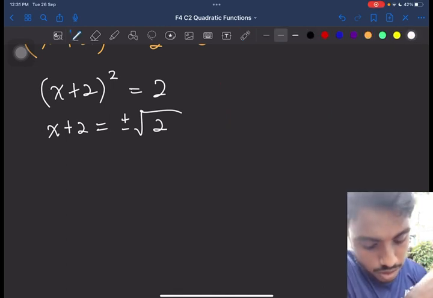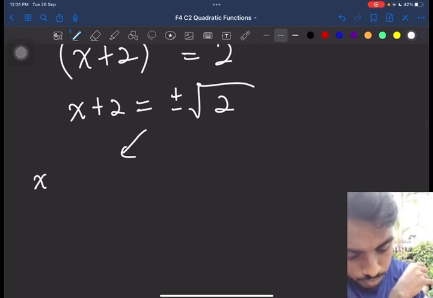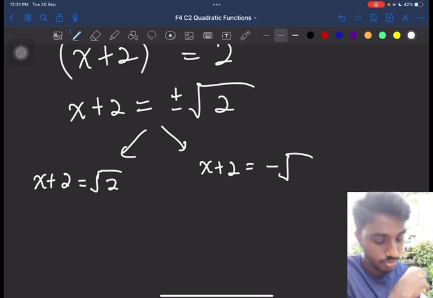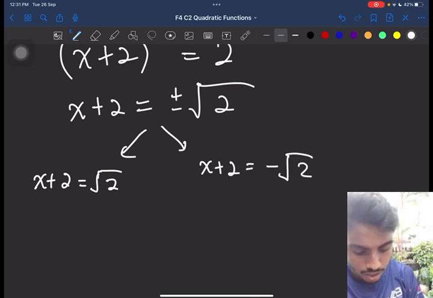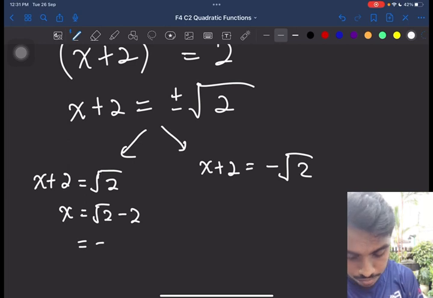Coming back here, there are two possibilities. x plus 2, you can get positive square root 2, and also x plus 2, you can get negative square root 2. So here x equal to square root 2 minus 2, which you will get negative 0.5858.